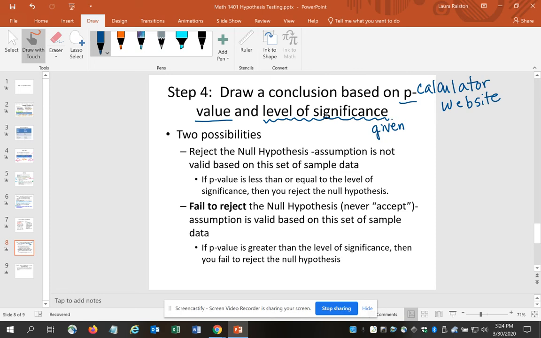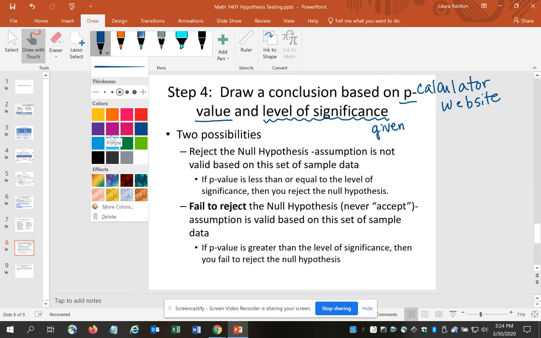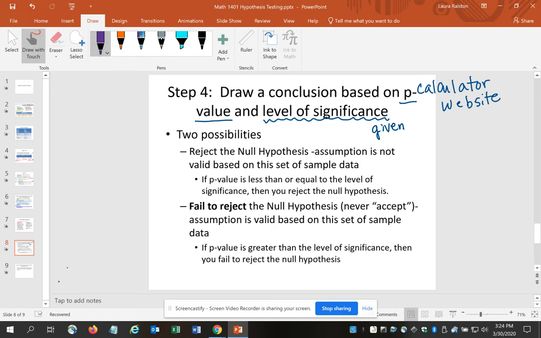And so, if you think about it in terms of a court case, we know that there are two scenarios. Typically, in a court case, a person can be guilty or not guilty. We assume a person is innocent until proven guilty.